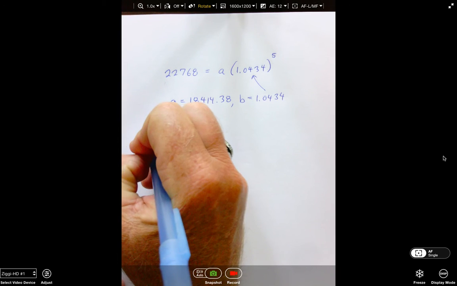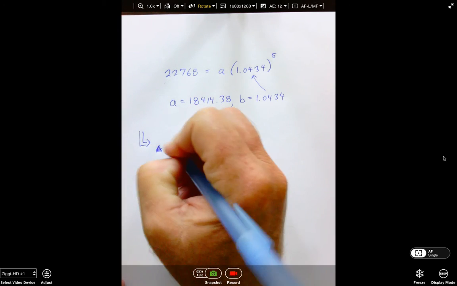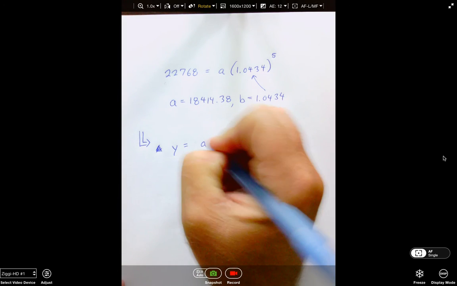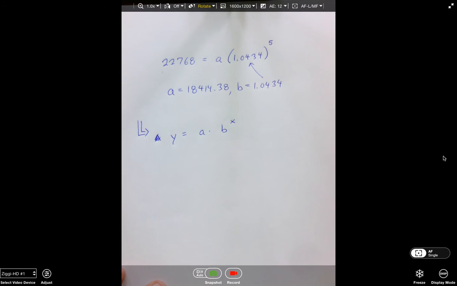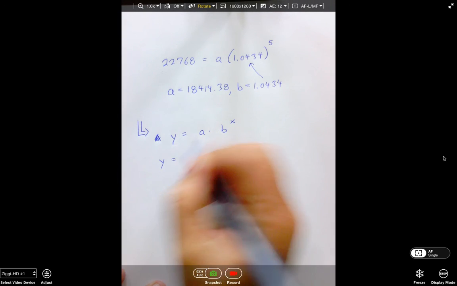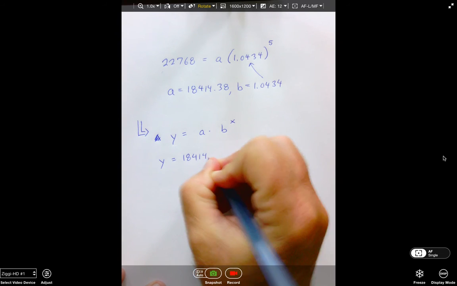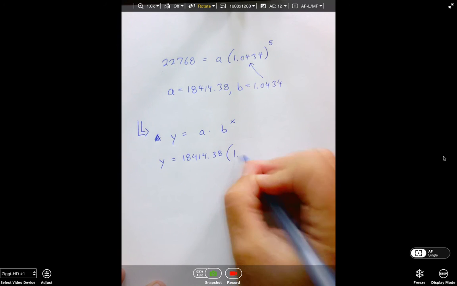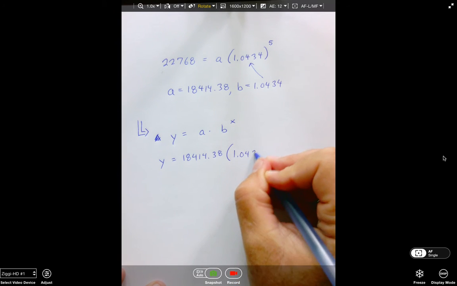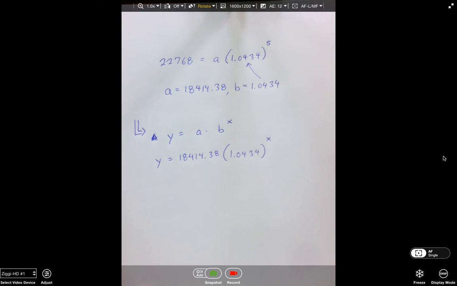I know now that my function, which is a times b raised to the x power, is y equals a times b raised to the x power.